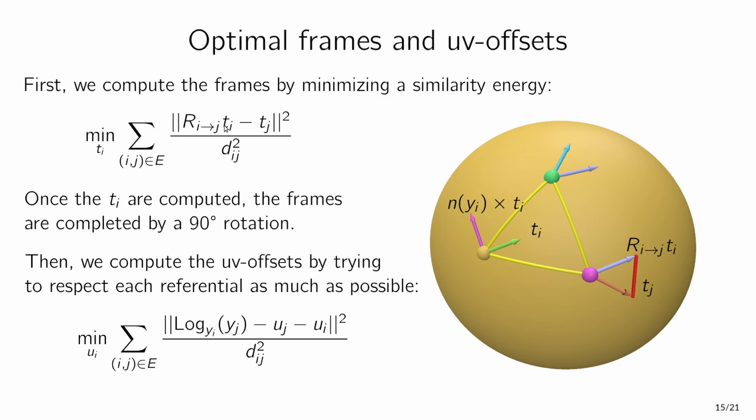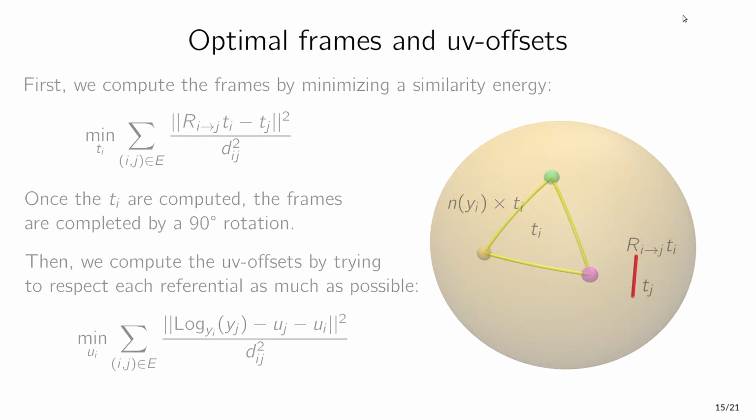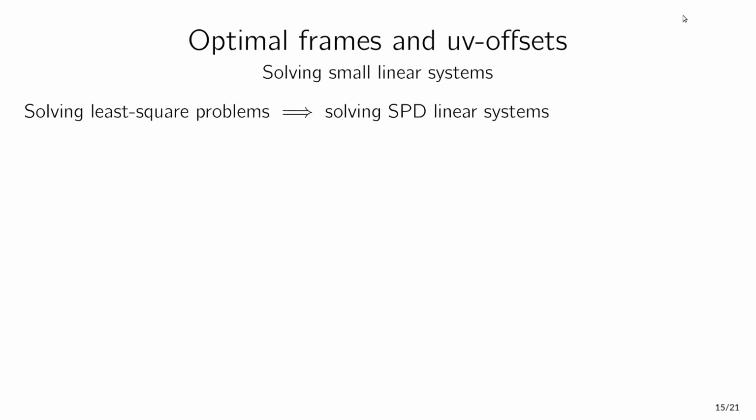Okay. So once again, more details in the paper, but what is important here is that those are two very simple quadratic energies. And minimizing a quadratic energy means that you can simply solve a very simple linear system that is sparse and symmetric positive definite. So we have very efficient solvers.